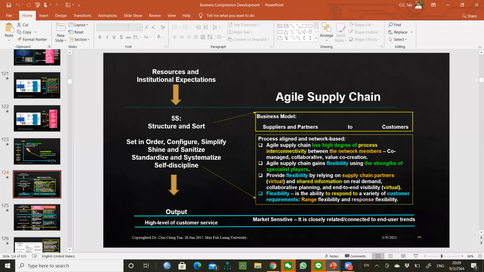And we take input in terms of resources, and the institutional expectations, such as your policies, the rules and regulations in the societies, and so on and so forth. So it's a lot of issues dealing with all these situations.